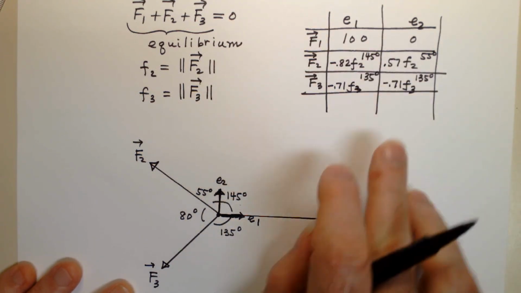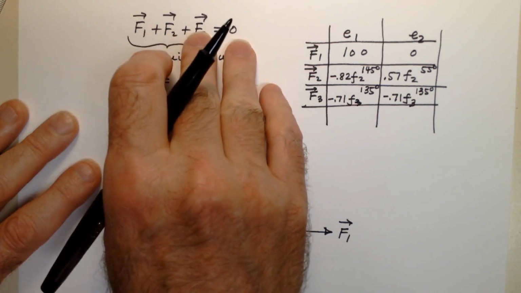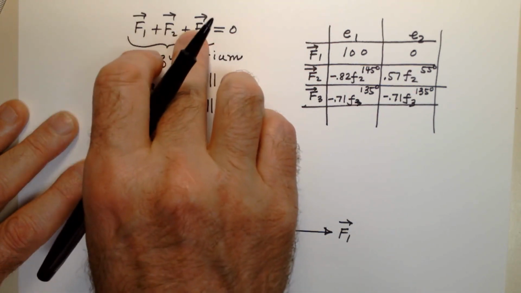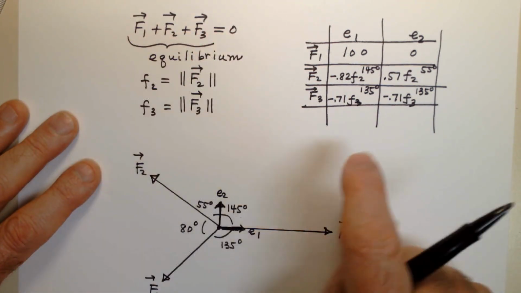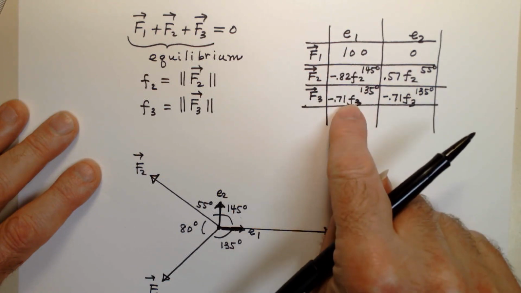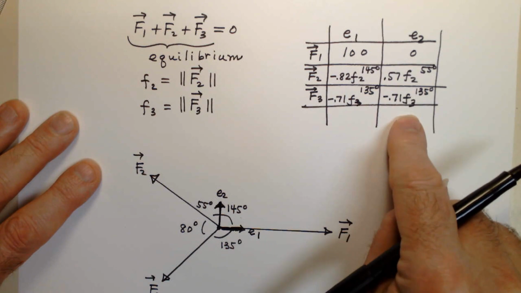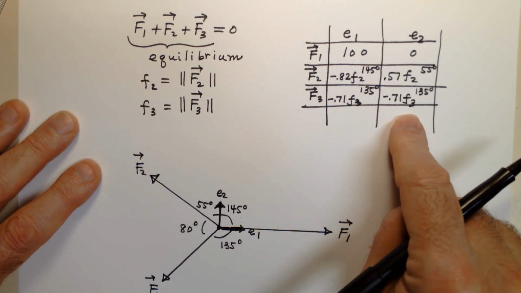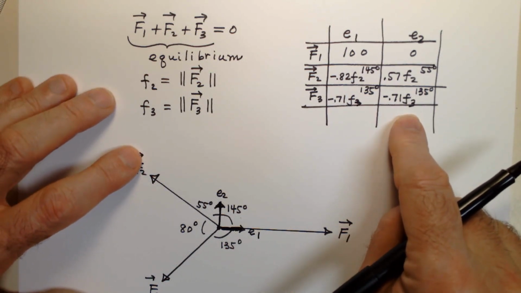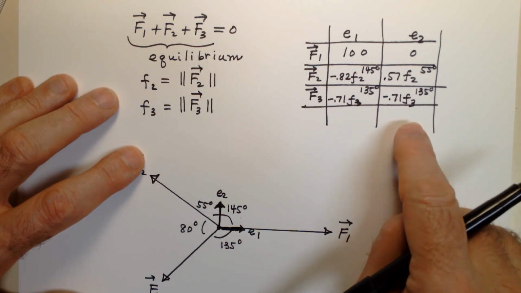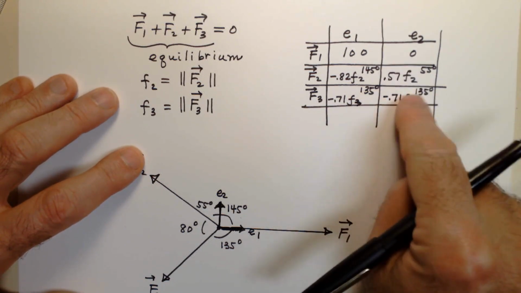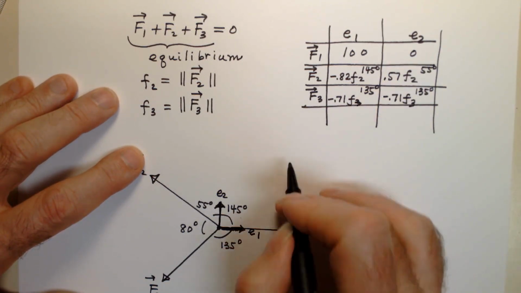Now I have to return to my equilibrium principle. If the sum of these vectors is going to equal 0, that means the sum of the components in the E1 direction has to sum to 0, and the sum of the components in the E2 direction has to sum to 0. So this gives me two fundamental equations. The easier one is this second one here because it only involves these two terms. So let's write that one first.